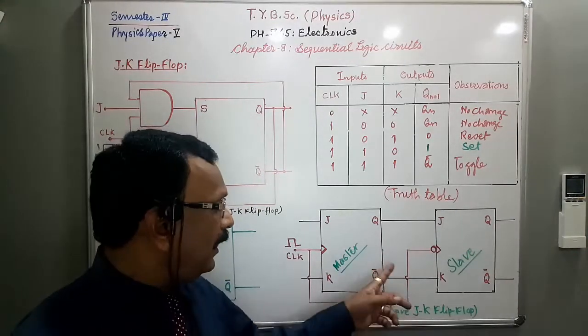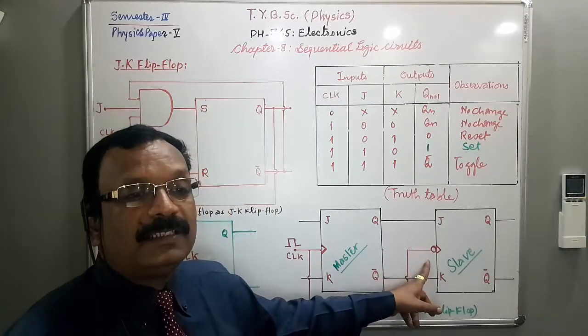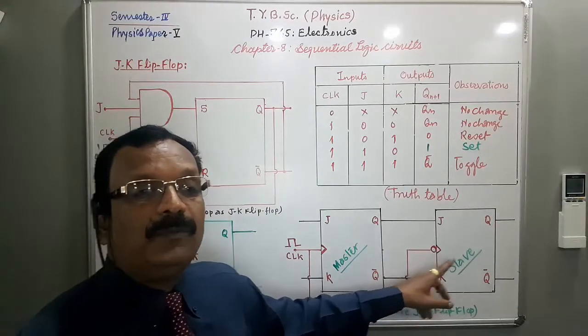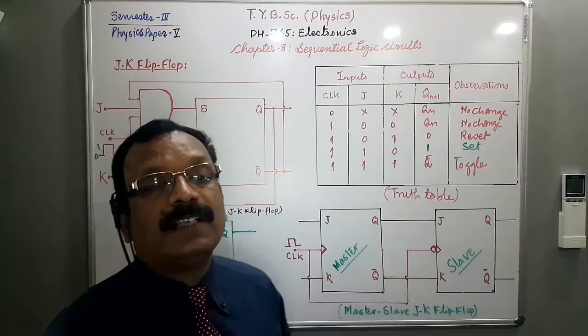So when the negative trigger clock edge hits, the slave will copy the action of the master.